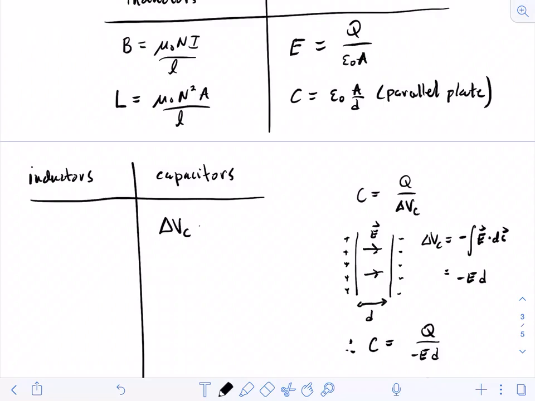The voltage across our capacitor is equal to Q over C, and the voltage across our inductor was equal to minus L di dt. Okay, so I guess that's what we know so far. So let's see if we can extend this a little bit further.